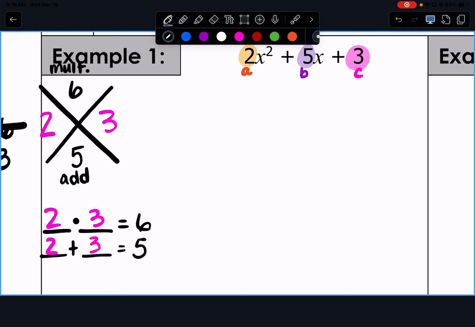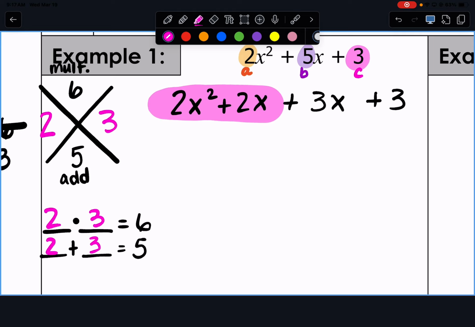All right, now, we have to rewrite that polynomial. So instead of saying 2x squared plus 5x, we're going to use those two numbers we just found. So we're going to do plus 2x plus 3x, and then just bring down our c, plus 3. How many terms does that have now? 4. Do I know how to factor 4 terms? Yes. So I group the first two. To group the first two, what is our GCF? 2x.